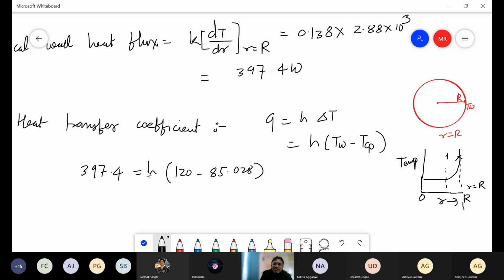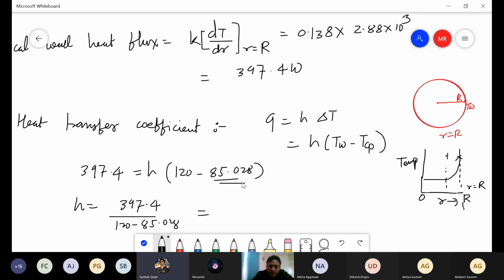So anyway, in this case, what are we going to get? H is calculated as 397.4 divided by (120 minus 85.028). My doubt is whether this value is correct. Can anyone confirm?